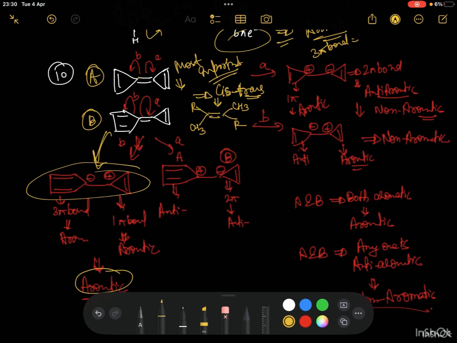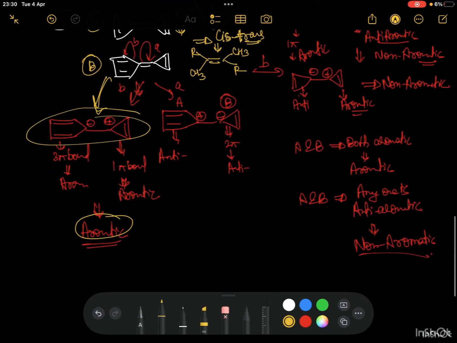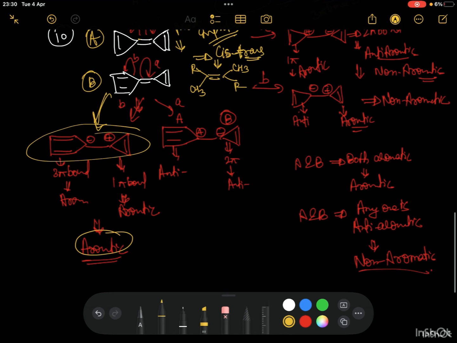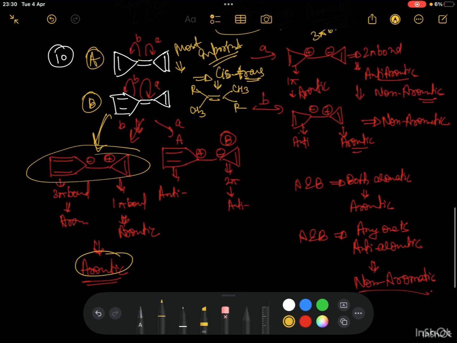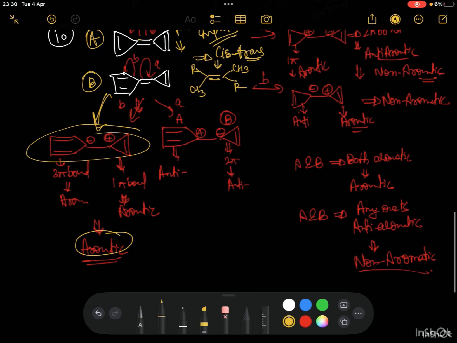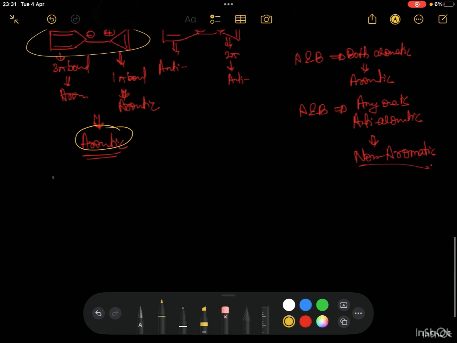If the examiner is asking which will go into single bond rotation, between A and B, through single bonds we can rotate the bond, so the B part will go into single bond rotation. For cis-trans, A will form cis, B will not form.